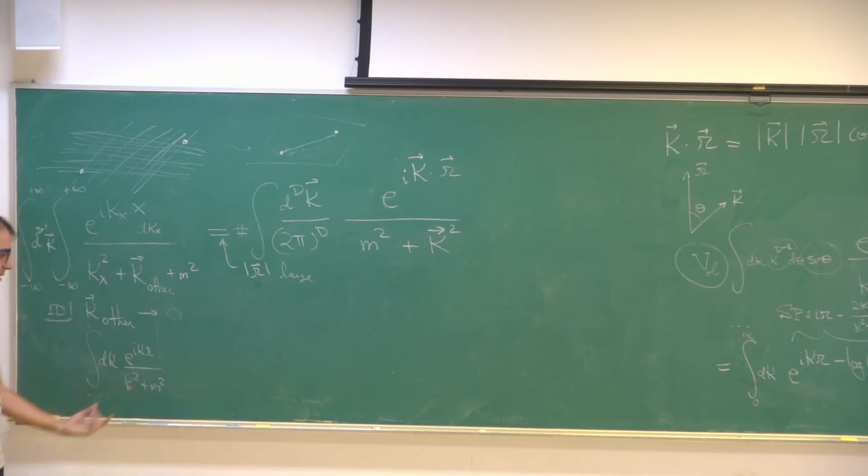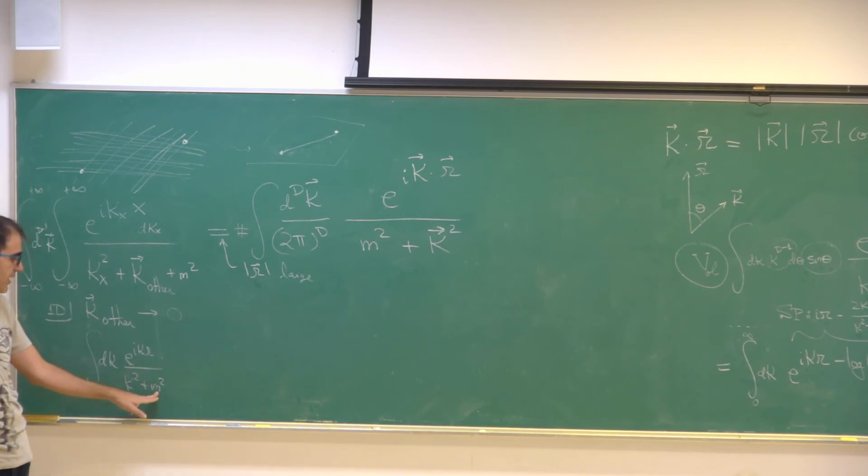How do we compute this integral? By residues. There is a residue at k equal to im and a residue at k equal to minus im. Which one do we pick? Plus im or minus im? Plus im, because then i times i is minus.